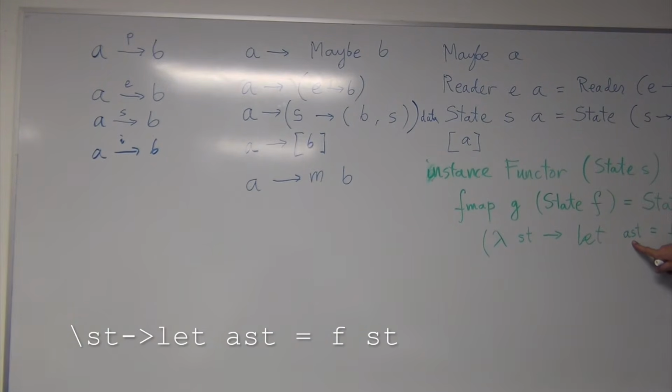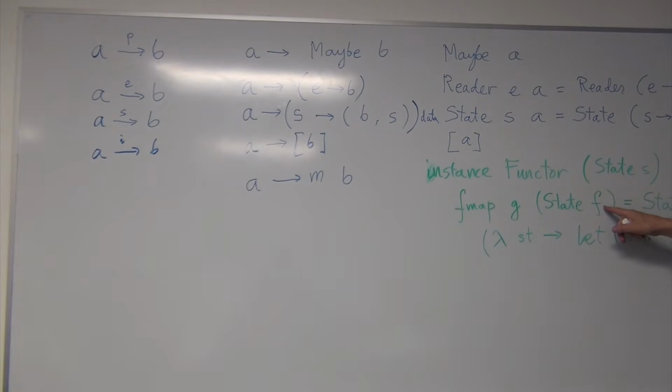So in a let statement, we can actually do pattern matching immediately here. I could use first and second to unpack this thing, but it's much easier to just put a pattern, and this pattern would be some A and some ST prime. So I'm unpacking the result of F acting on ST into a pair.